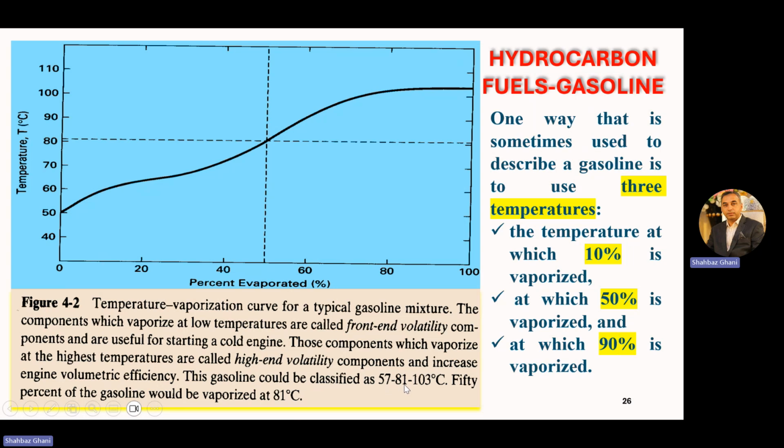At this temperature, 50% vaporization will be there. And at this temperature, 90% vaporization will be there. So these temperature ranges should be mentioned on your fuel barrel. Remember this thing. If it is not mentioned, then there is something wrong with the fuel barrels.